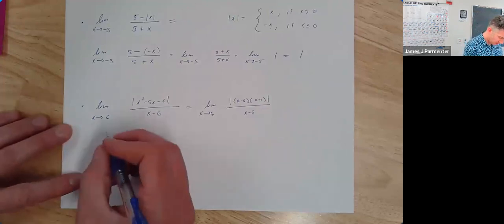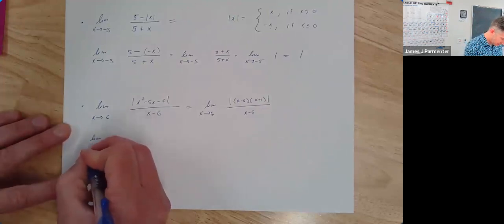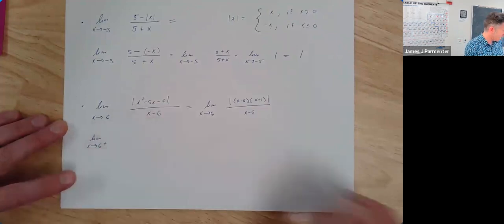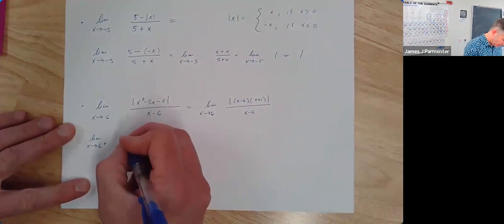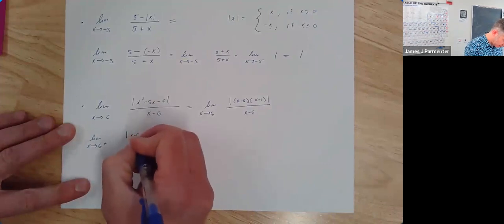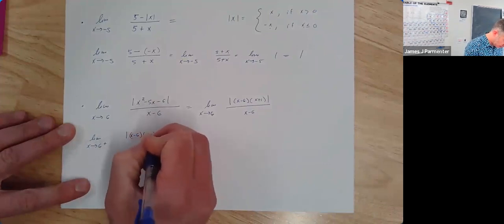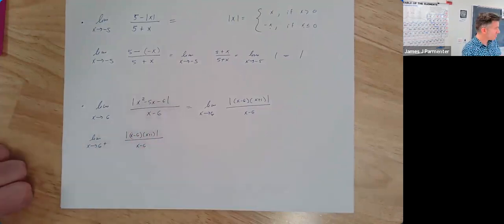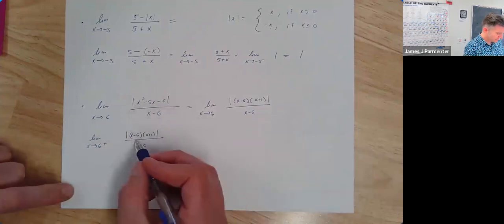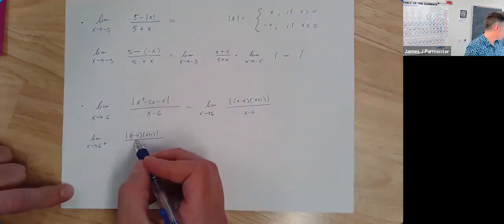So let's look at the limit as x approaches 6 from the right-hand side, the bigger than 6 side. So the absolute value of x minus 6 times x plus 1 over x minus 6. Well, if x is bigger than 6, then x minus 6 is positive.